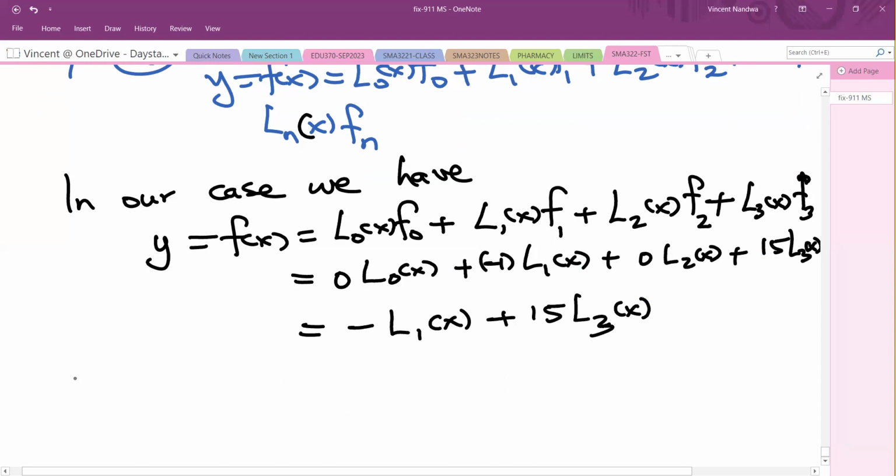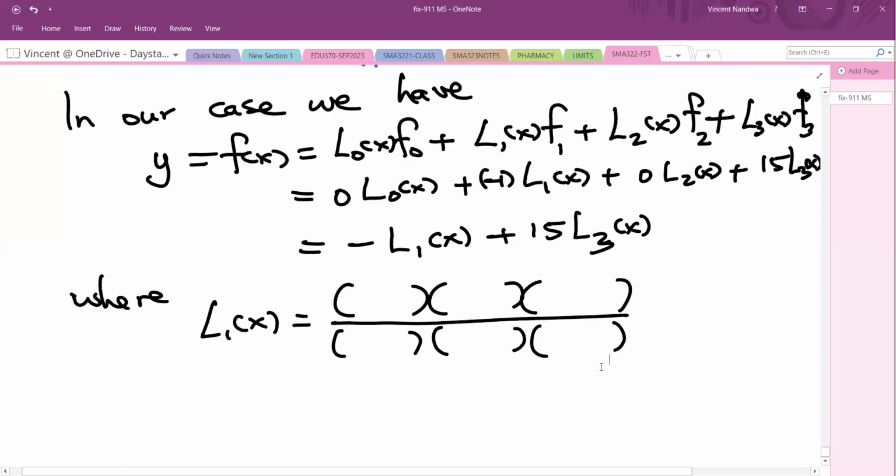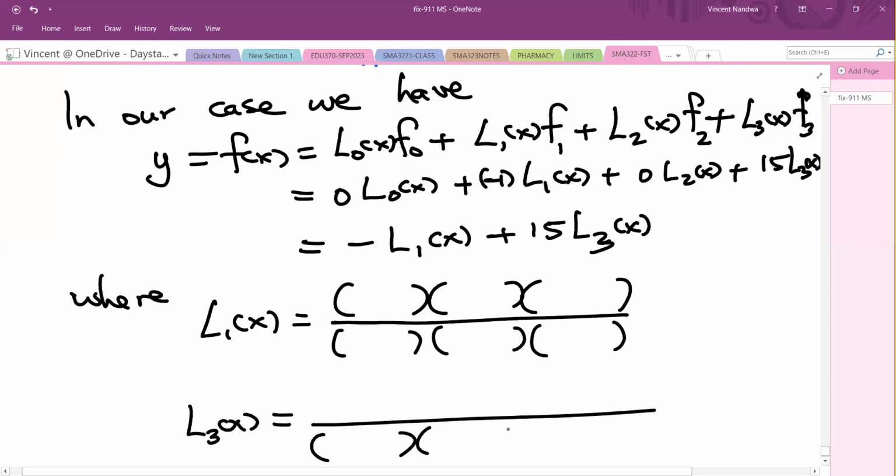So the first thing you need to know is how many brackets you need. In each case, you need 3 linear brackets so that when you multiply, you get x power 3.